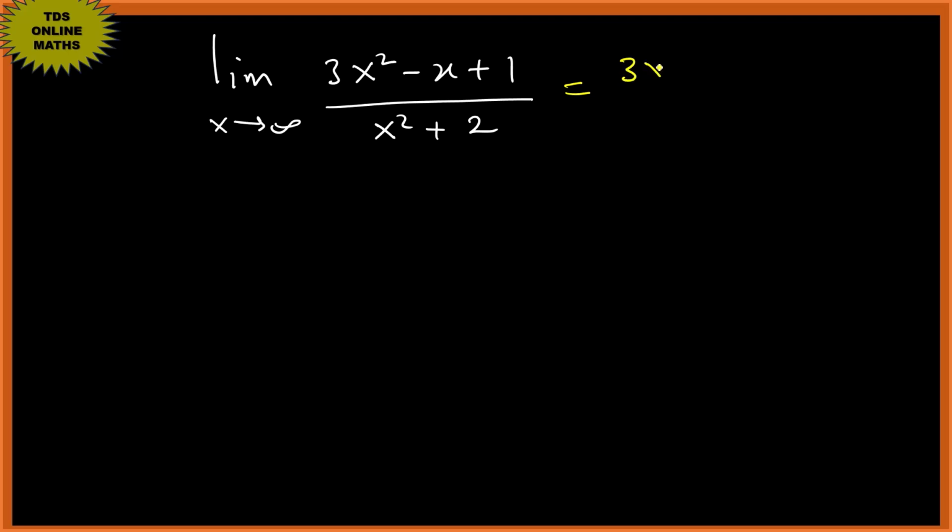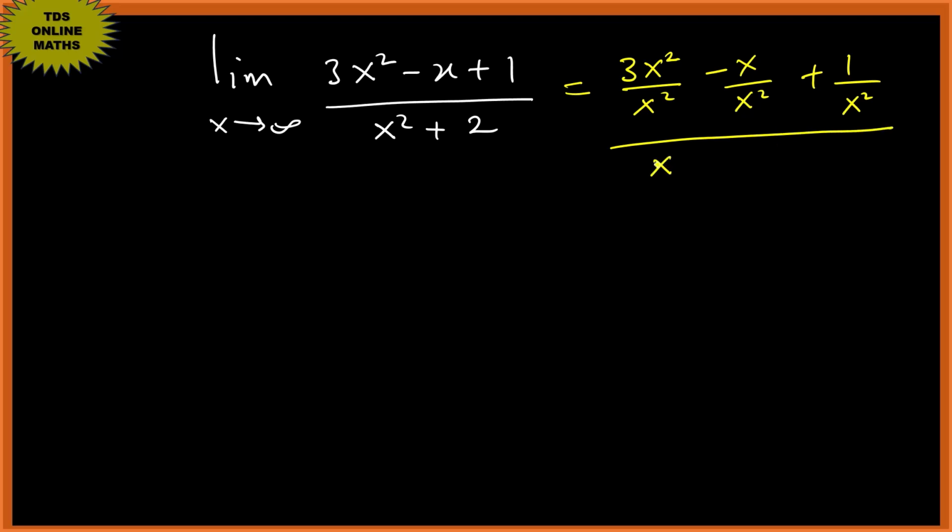So I'll get x squared over x squared minus x over x squared plus 1 over x squared, on x squared over x squared plus 2 over x squared. Okay, so this one will cancel.